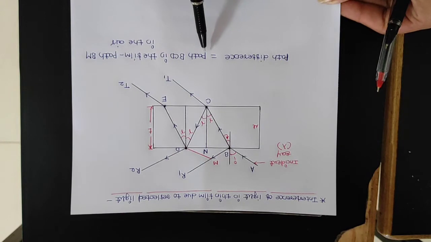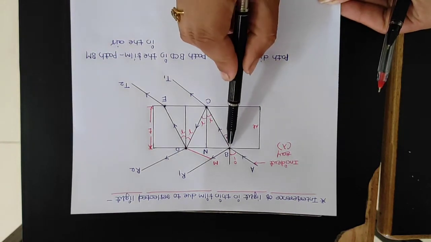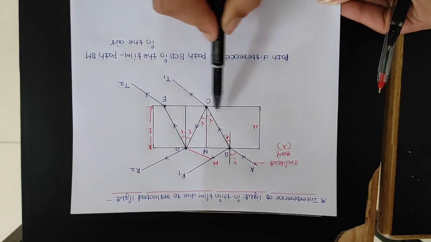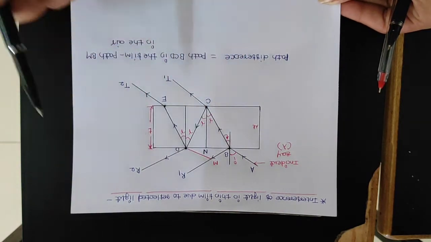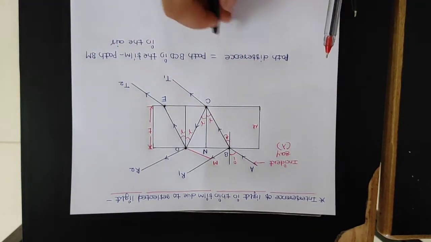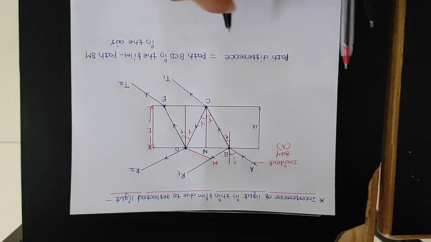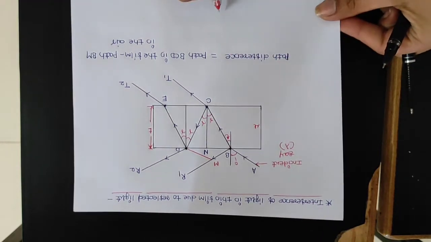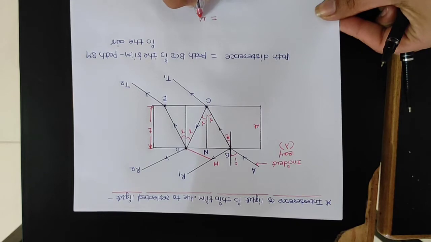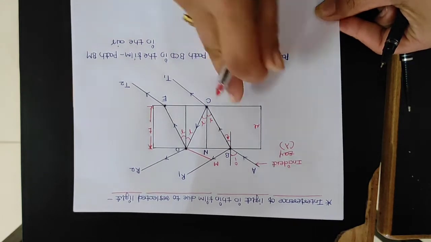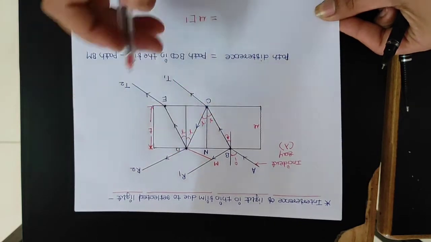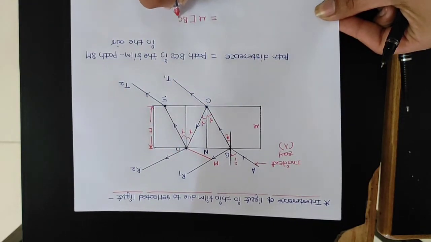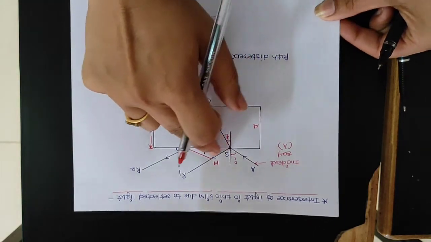Path difference is equal to path produced BCD in the film minus path BM in the air. Now we can write this equation like this: mu into BCD, meaning mu into (BC plus CD), minus BM.